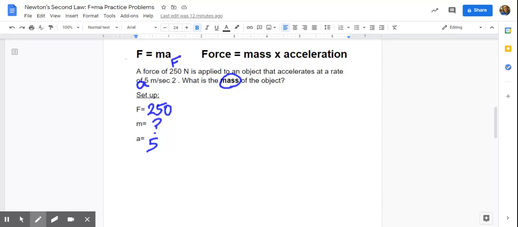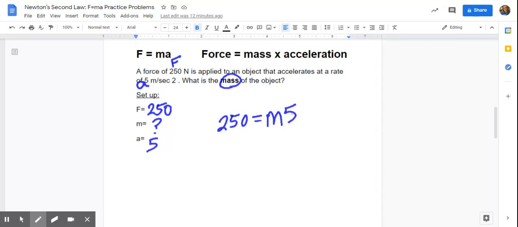If you look at the formula up here, force equals mass times acceleration. I'm going to fill it in exactly the way it is right now. So first I have force, so 250 equals mass, which I don't know, so I'm going to keep it the m, times acceleration, which is 5.